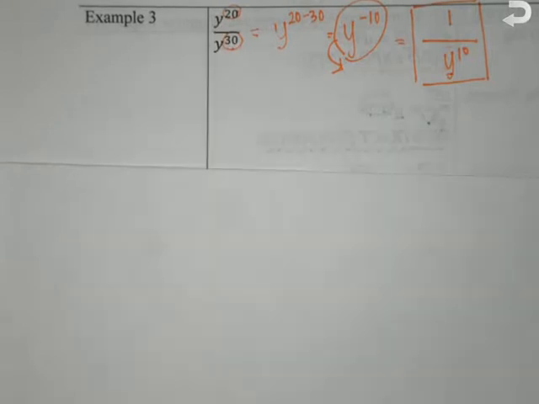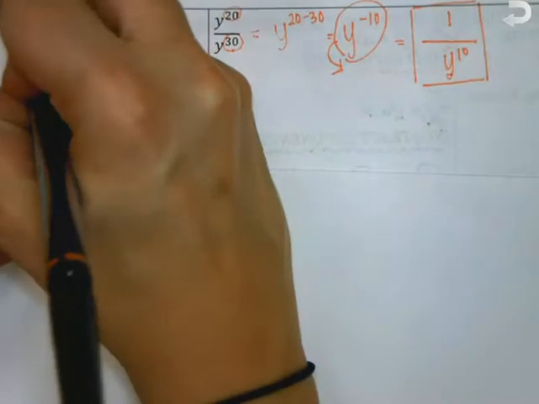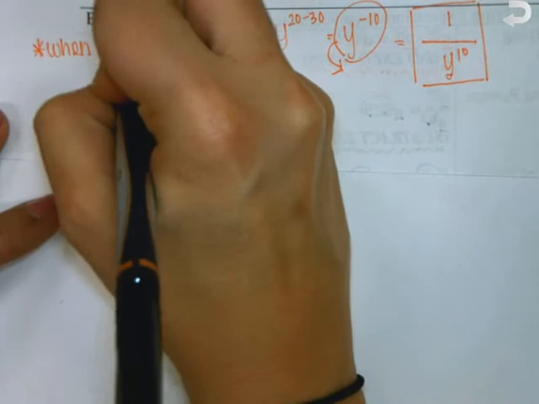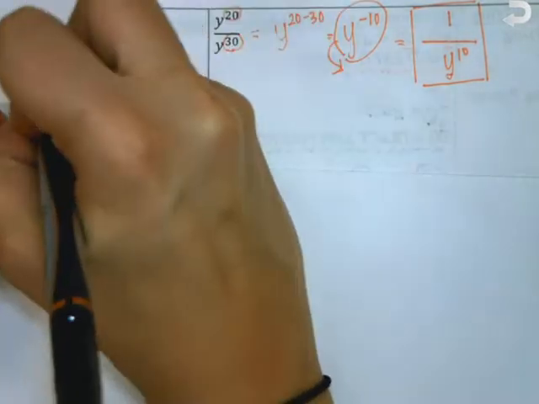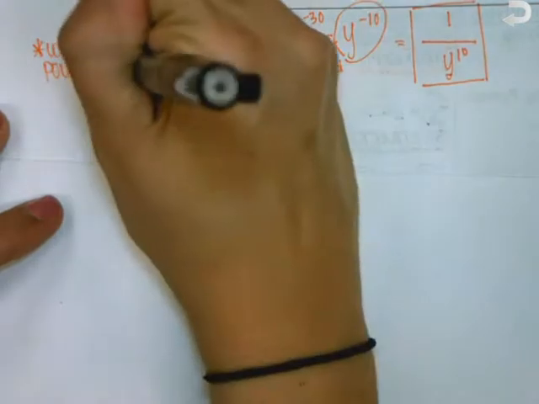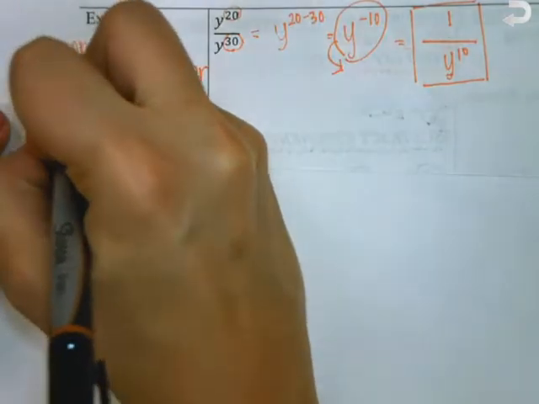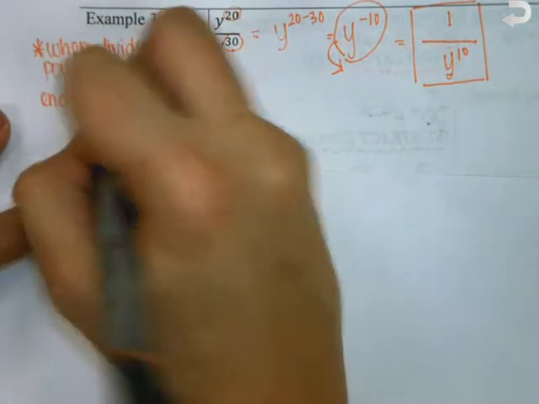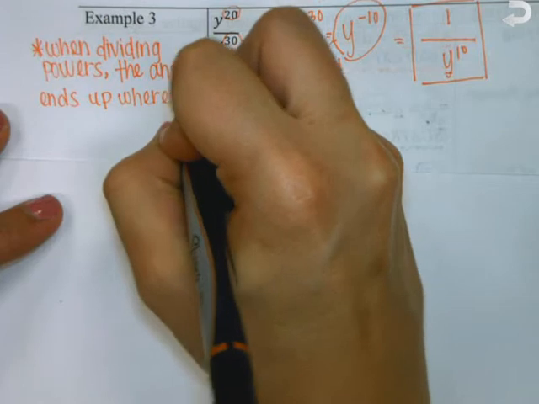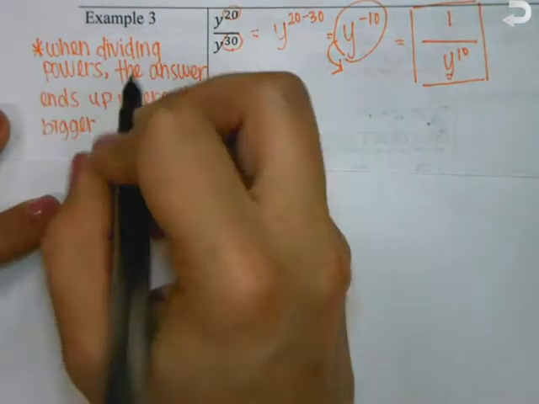When dividing powers, the answer ends up where the bigger exponent is. So either top or bottom.